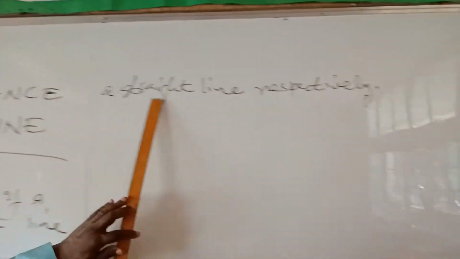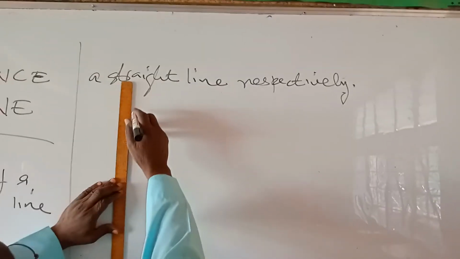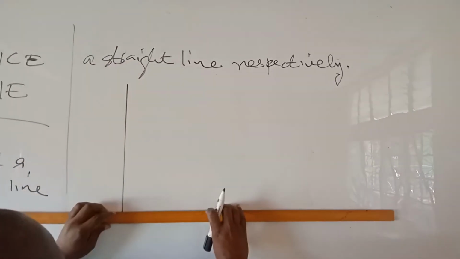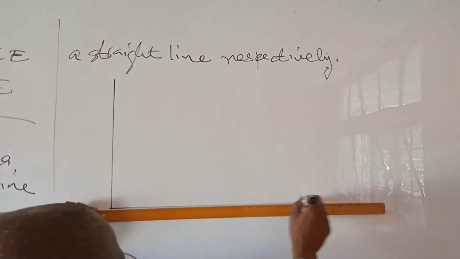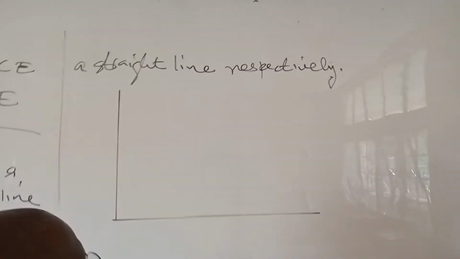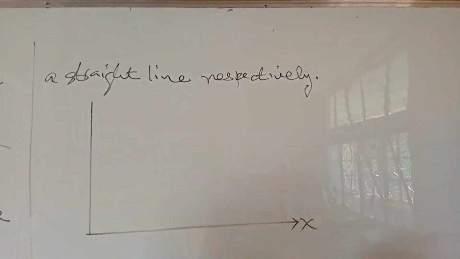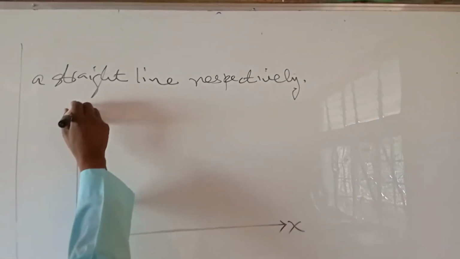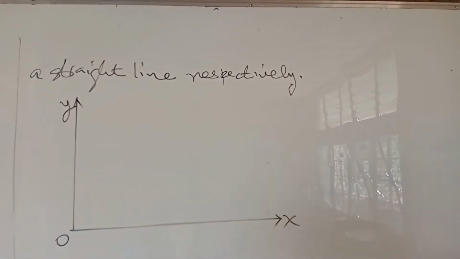Now, in the Cartesian coordinate system, you have x and y axis. That is the x-axis, which is known as the abscissa. This is your y-axis. This is the origin.